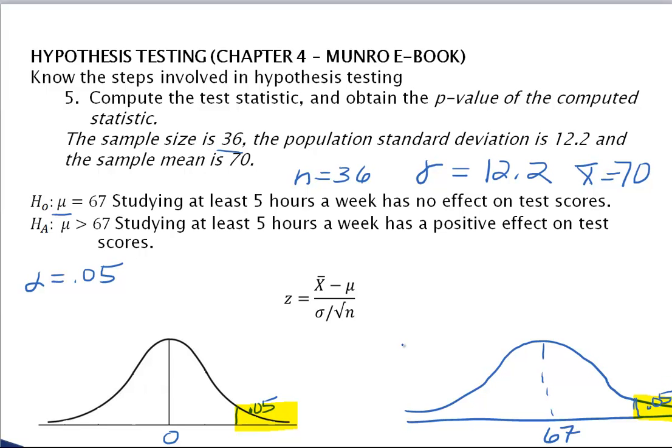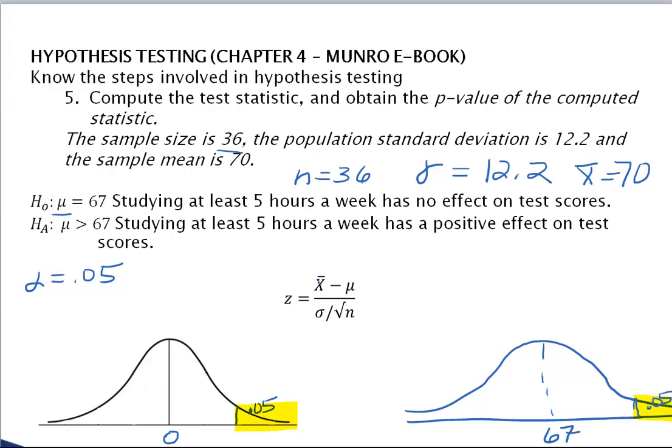Okay, so now what we're going to do is calculate the z-score, okay? And the z-score will tell us how many standard deviations this data is from the actual mean. And the mean is 0 here, and whatever we get here will tell us how far away from the mean this sample is.